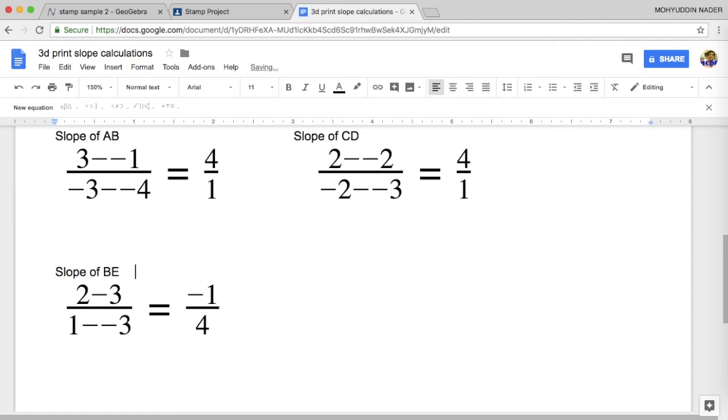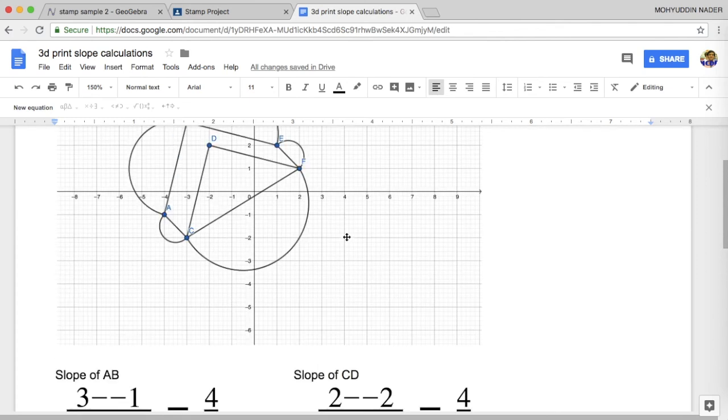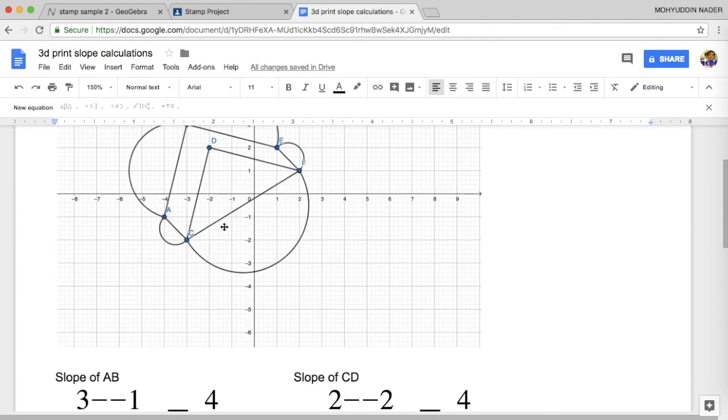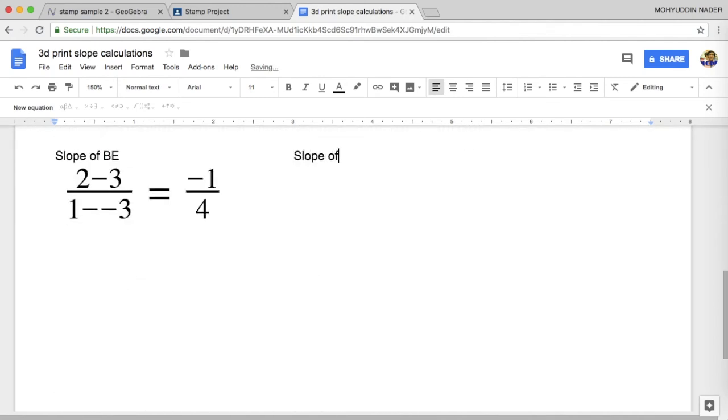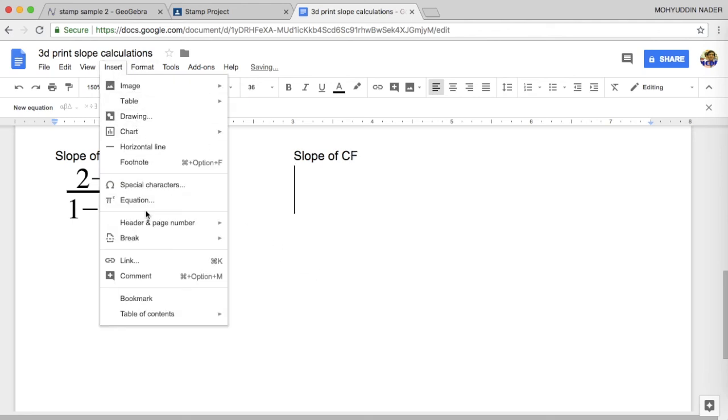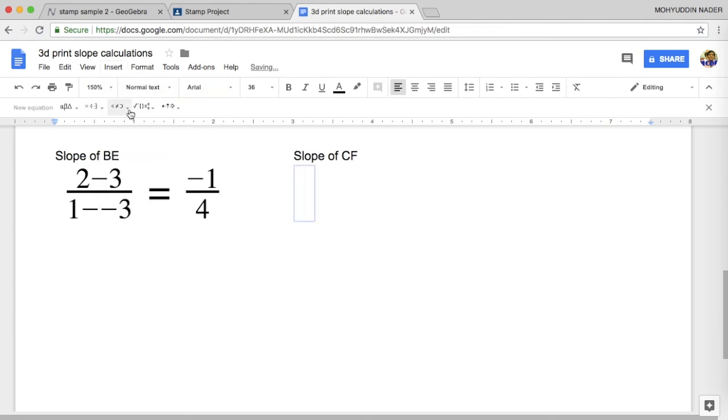One more calculation, which is to show that the slope of my transversal line is neither parallel nor perpendicular. My transversal, and I have a couple options here, I believe is CF. CF looks like it would cross both DF and CD. So let me see the slope of CF. That would be another ratio of rise to run, or vertical change over horizontal change.